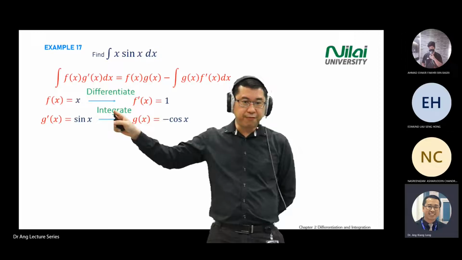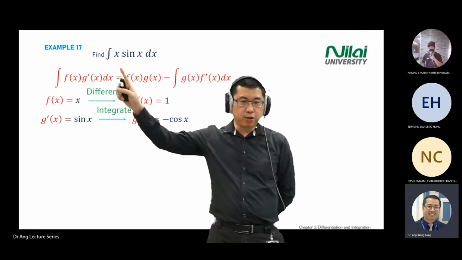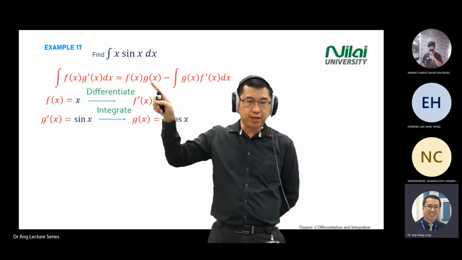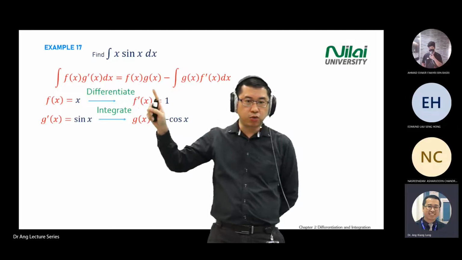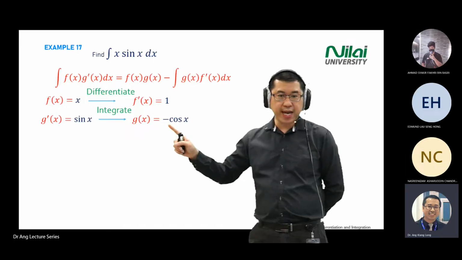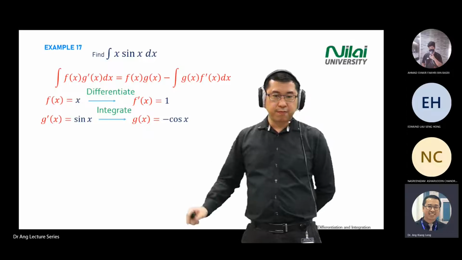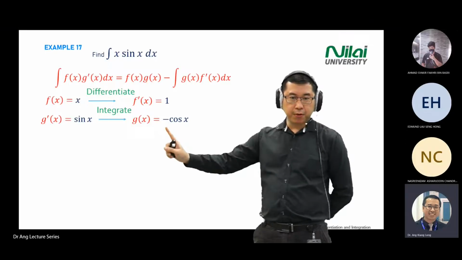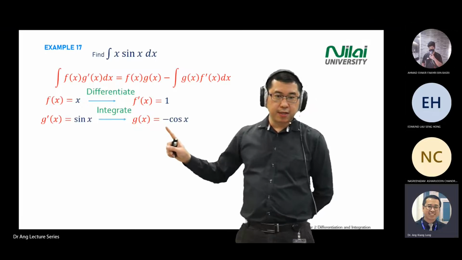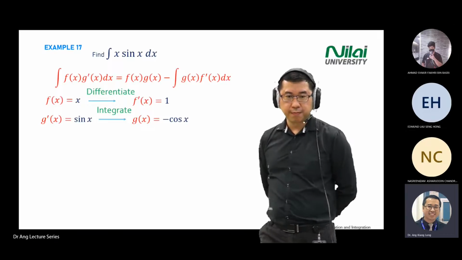You have solved your f(x) and f comma. From the question, g comma x is sine x, you need to get g(x), right? How do you get from g comma to g(x)? You use integration. So you integrate sine x, you get negative cos x. Again, be careful with the negative. This is a very popular mistake also. When you integrate, always check whether there is a positive or negative sign.